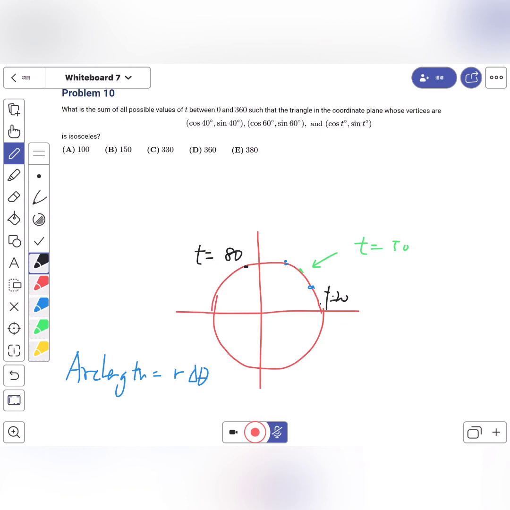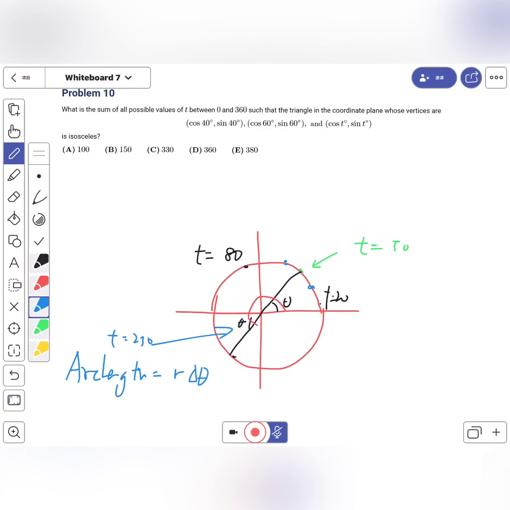And also, don't forget what? We can also have a point over here, which is essentially like this angle. So you're going to have 180 plus 50. So this one would give us t equals 230.